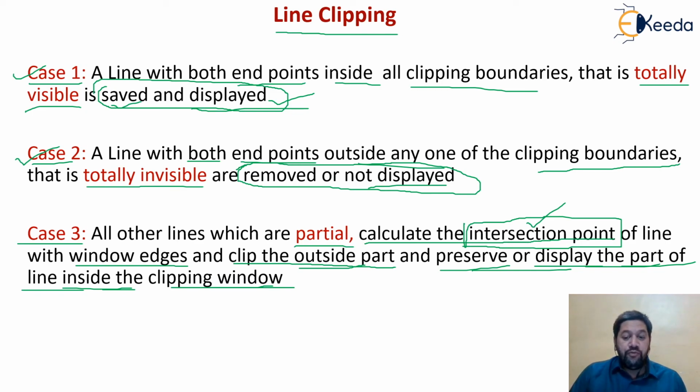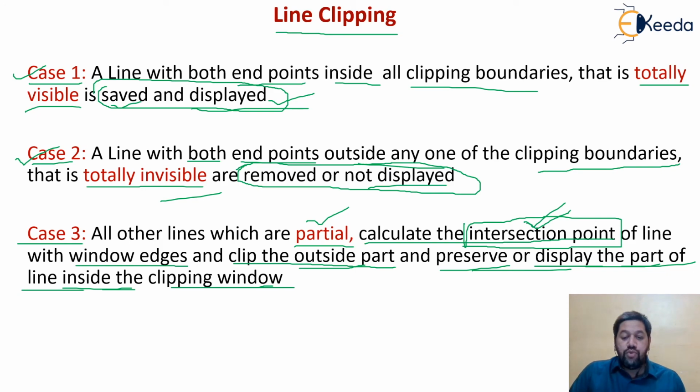Now which method am I going to use, which method is applicable to do all these things? What is the algorithm to find a totally visible line? What is the condition for a totally visible line? What is the condition to find that the line is totally invisible, or that the line is partial? How can we calculate the intersection point?